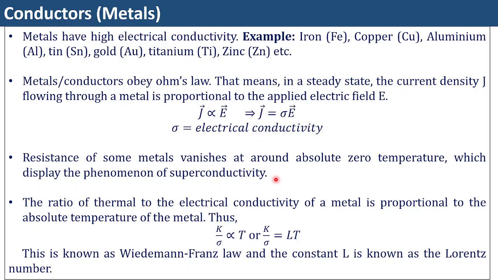Now resistance is directly dependent on the temperature, because as soon as the temperature increases in the metal, resistivity increases. The electrons in the metals are free electrons. That means they are freely movable, and their mobility is very high.